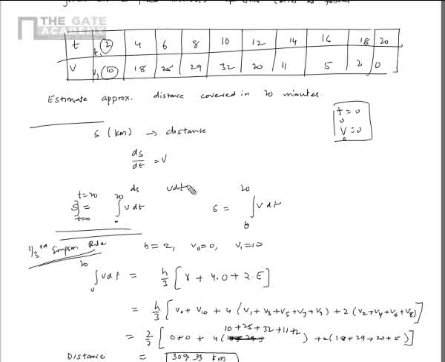So the distance traveled is 309.33. We have derived all three methods, the trapezoidal method and Simpson's one-third and 3/8 rules, from Newton's forward difference formula, and then solved two examples.